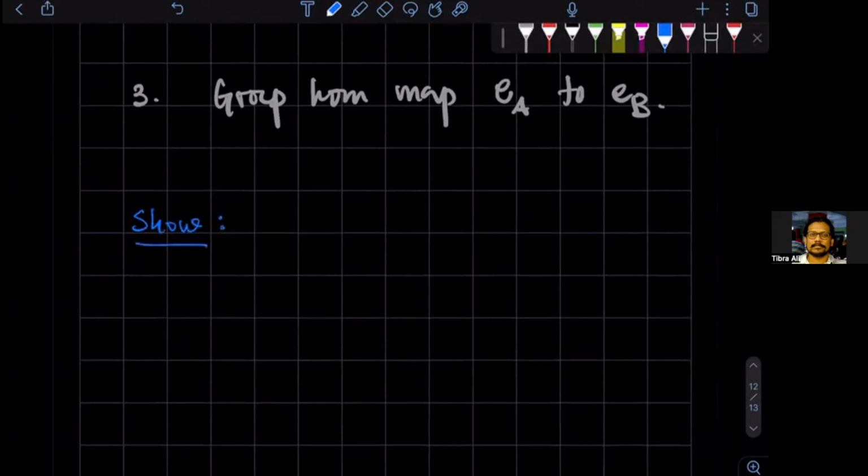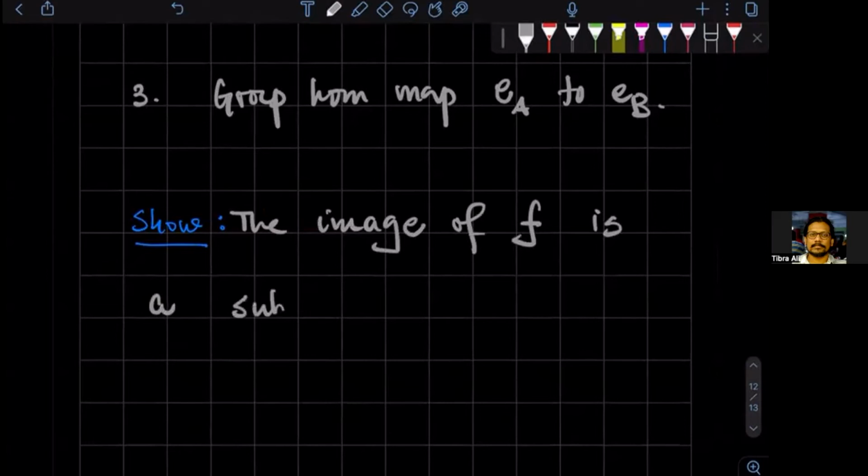So show that the image of the group homomorphism F is a subgroup of B, okay?